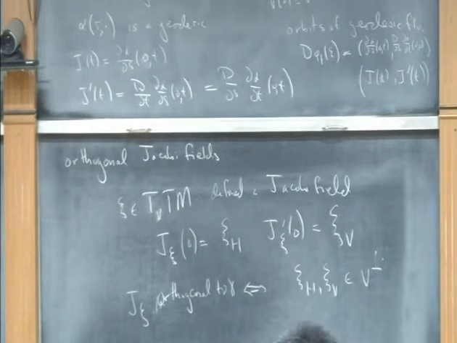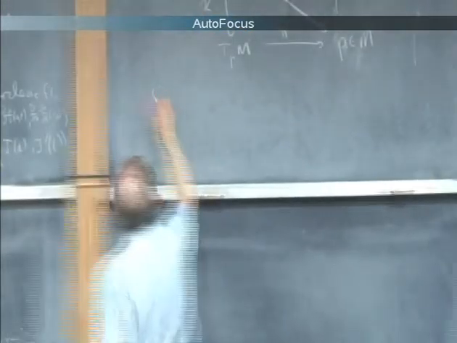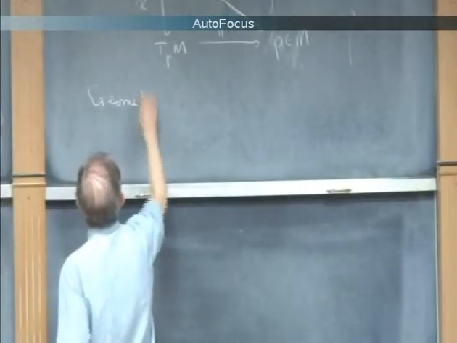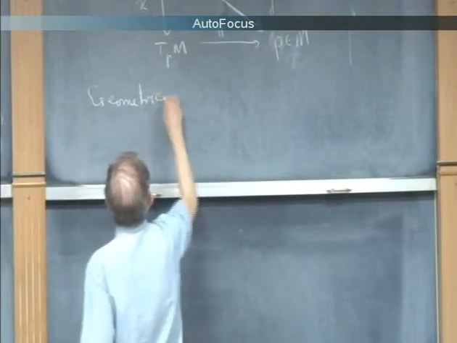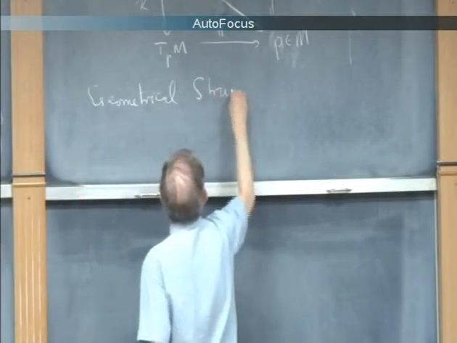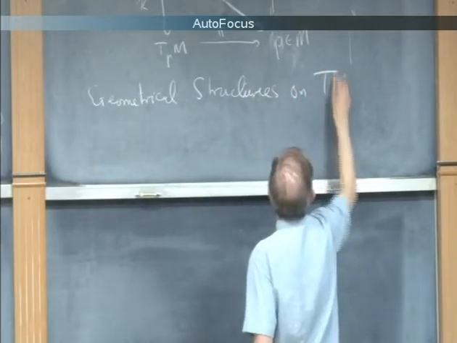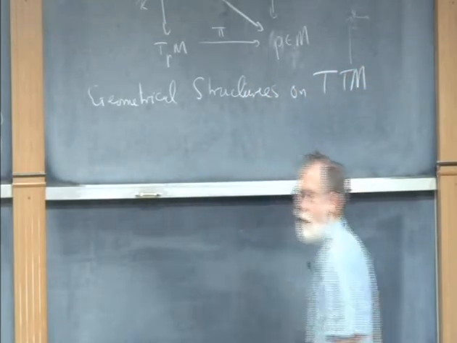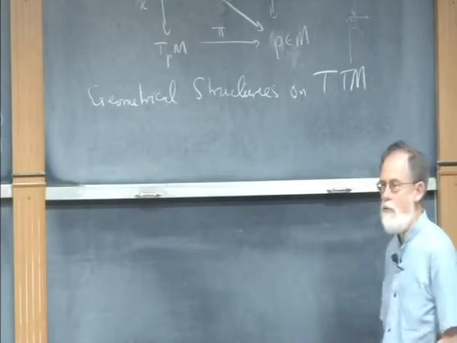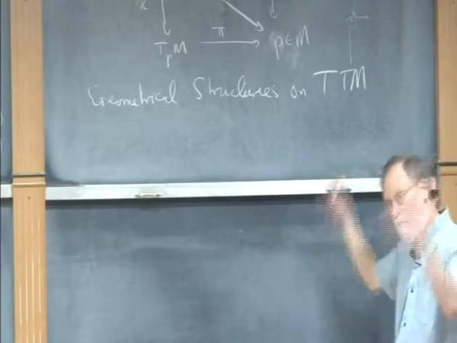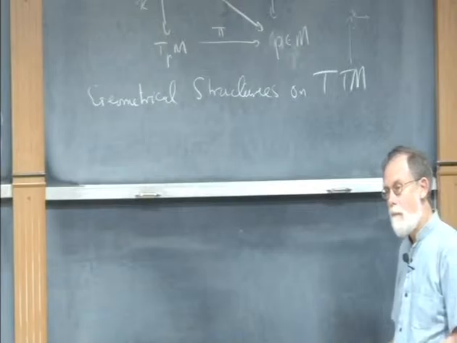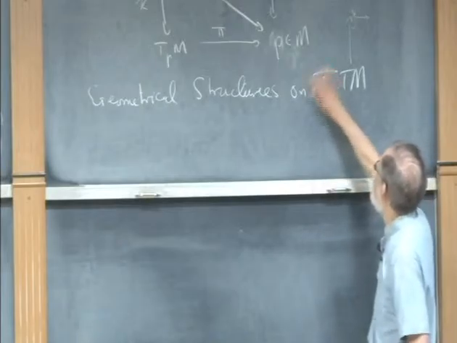Okay, so now I want to talk about, well, I guess I could say geometrical structures. I'm not sure whether they're on the tangent bundle or maybe it's on T here.